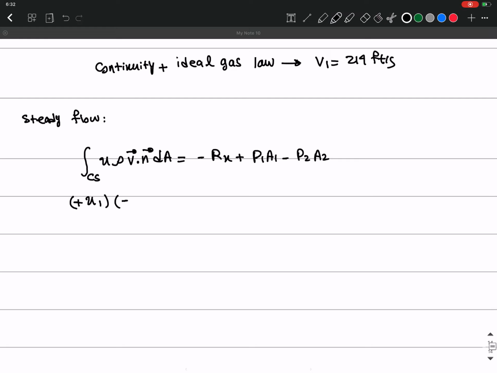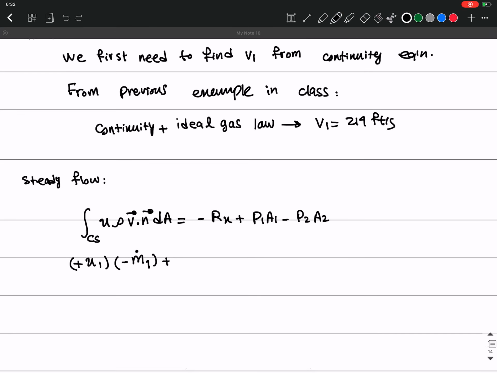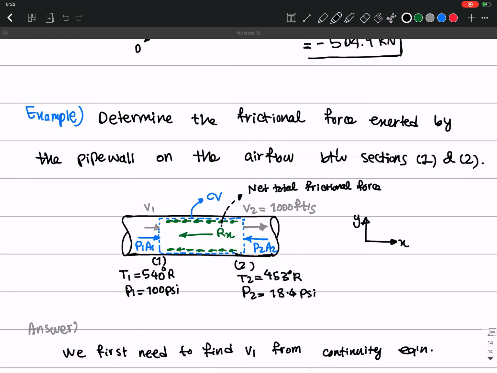So it's going to be minus m dot 1, plus the second part, which is the integral over this control surface, which is going to be u2. Is it in the positive direction or negative direction? It's in the positive direction. So the sign of that is going to be plus u2, and then m dot 2, the mass flow rate at section 2. Is the flow going out or going into the control volume?